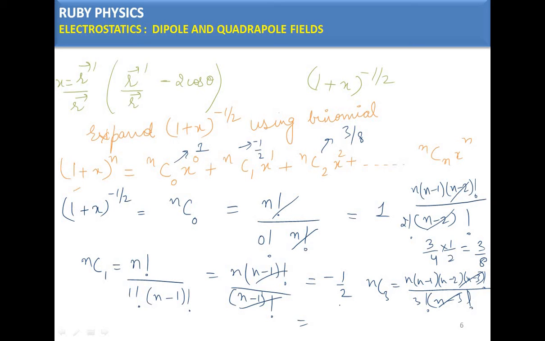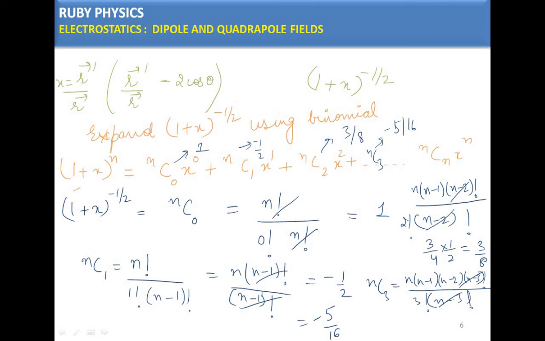If you do all these calculations it will be 5 upon 16. Okay, it will be 5 by 16. So this term NC3 will be minus 5 by 16. Okay, so this way you can find out all the terms and put them in this equation.